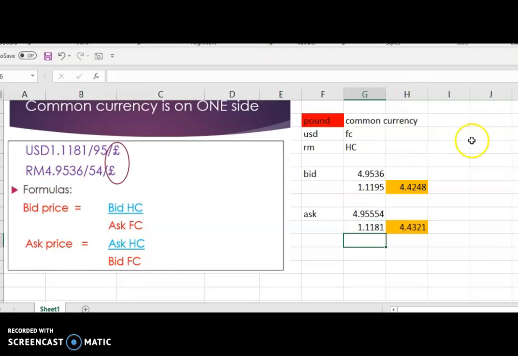So I will get the ask for this one unit side, which is 4.4321. I rewrite it in the quotation format. Since this is the bid, I put it as 4.4248 slash 4.4321 USD.